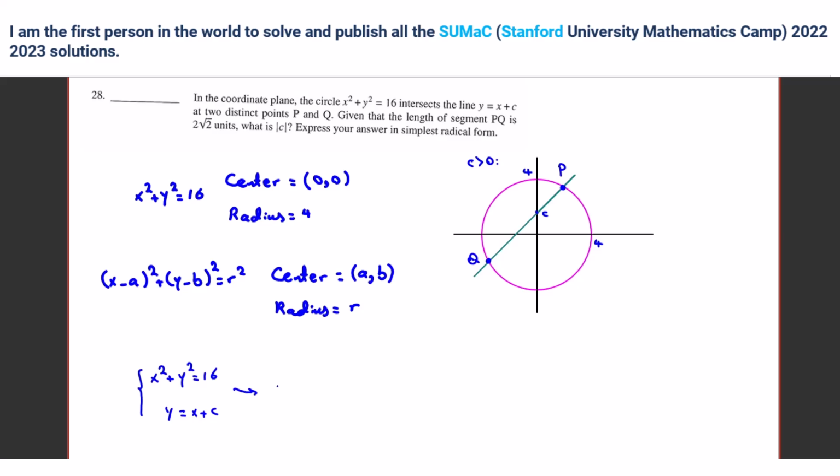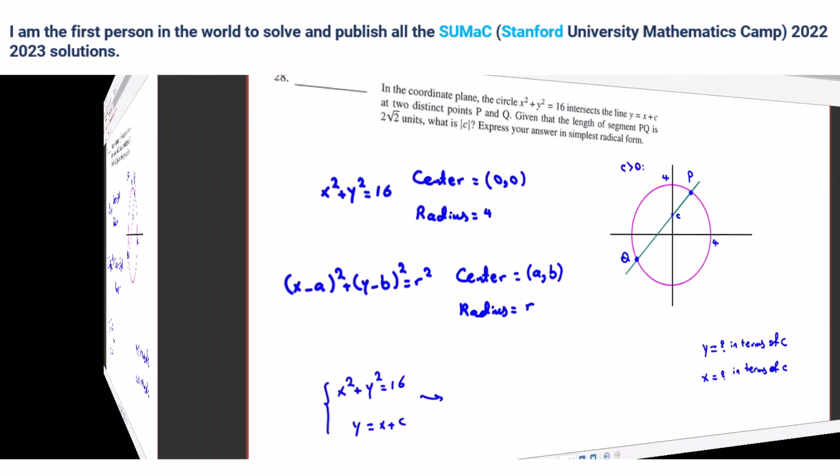No, look, you shouldn't find c in terms of y. You should find y in terms of c and x in terms of c. Because we want to find these 2 points in terms of c, right? Yeah. So when you find x and y, you are finding x and y of P and Q. So you should find x in terms of c and y in terms of c, right?